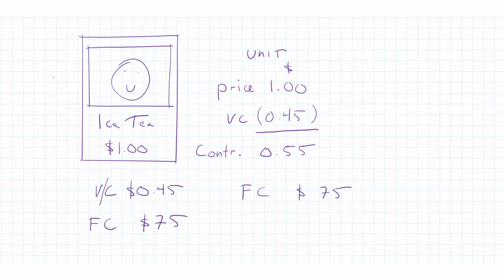And all I have to do is divide the fixed costs by the contribution per unit, and that will tell me my break-even point. I'll abbreviate that like this, in units. And that comes to 136.4, or rounding up to 137, because we cannot sell a partial bottle of iced tea.